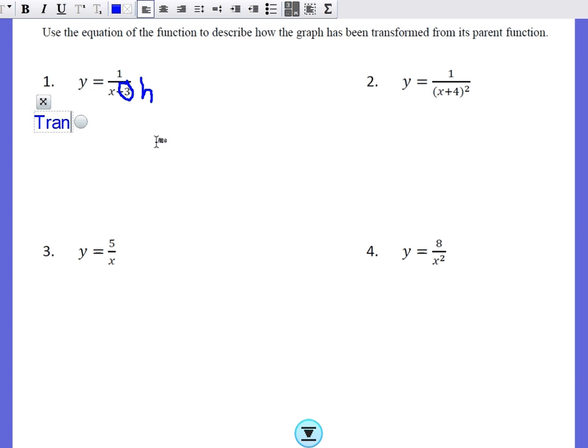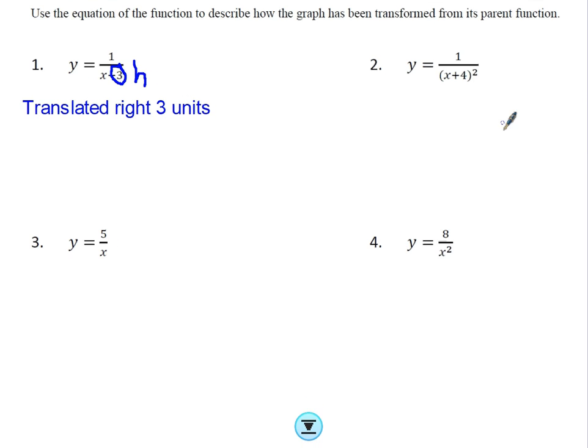So the graph has been translated right 3 units. Okay? Minus is right, plus is left for h, and then for k, it does not change from what you would typically think. Positive is up, negative is down.